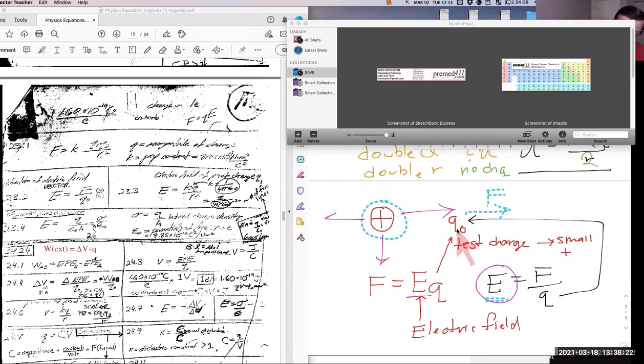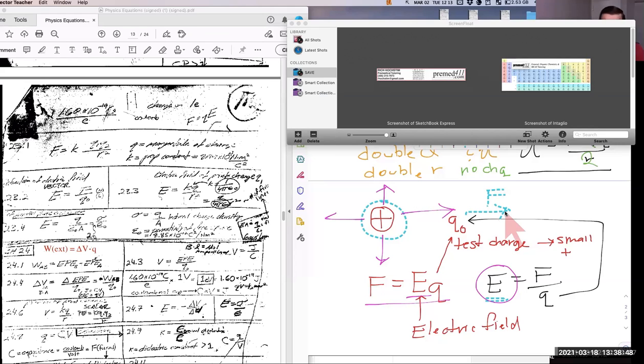It's going to be radiating outward from the positive charge, just like that, because this is the definition. And if we stick a test charge, which is positive, next to a positive charge, then the force is going to be away from that positive charge. Does that make any sense?